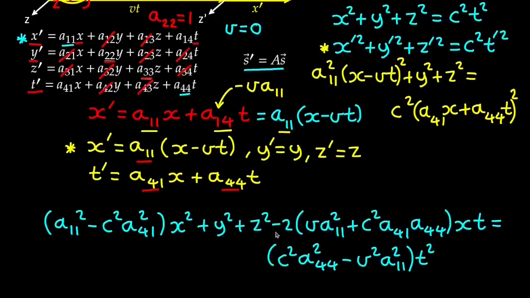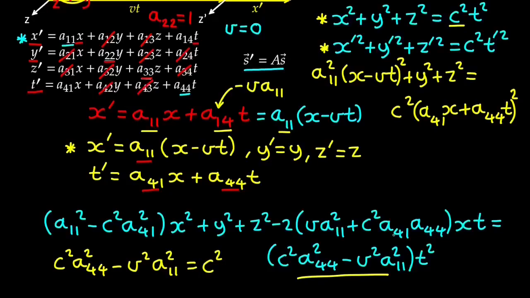And then we equate coefficients with this equation. So equating coefficients of t squared, we get c squared by a44 squared minus v squared by a11 squared is equal to c squared. And then equating coefficients of x squared, we get a11 squared minus c squared by a41 squared is equal to 1.